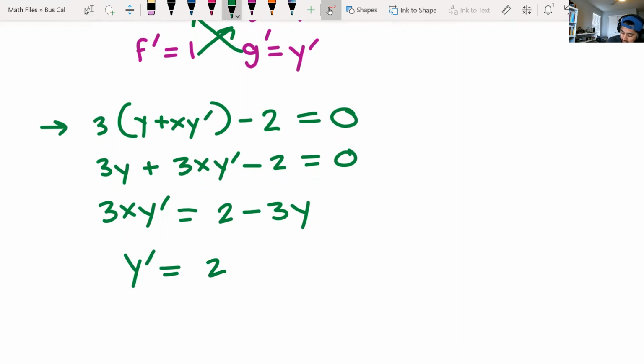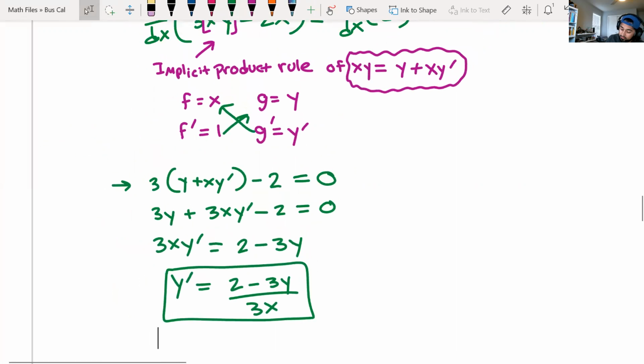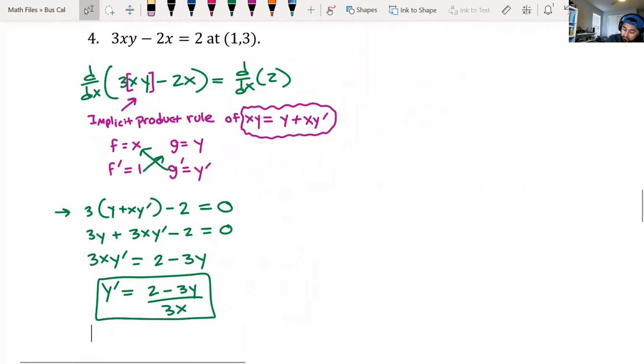And y prime equals 2 minus 3y over 3x. There is your implicit derivative. And now all we have to do is plug in 1 and 3 for x and y.